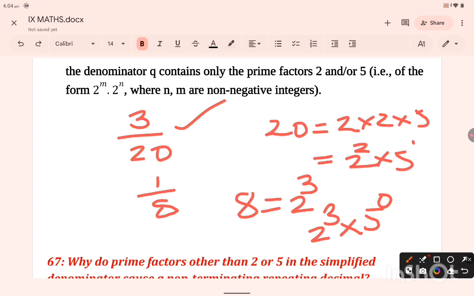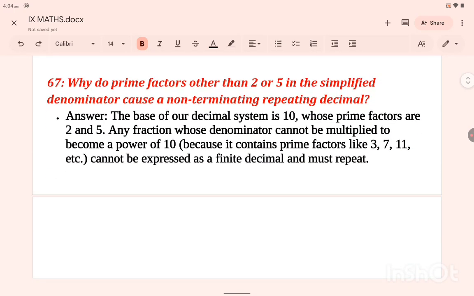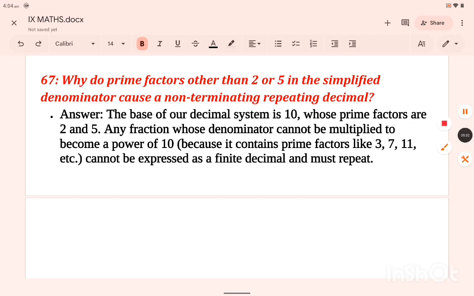Right. Next one, question 67. Why do prime factors other than 2 or 5 in the simplified denominator cause a non-terminating repeating decimal?